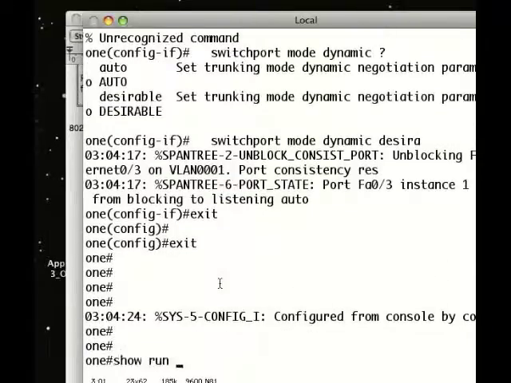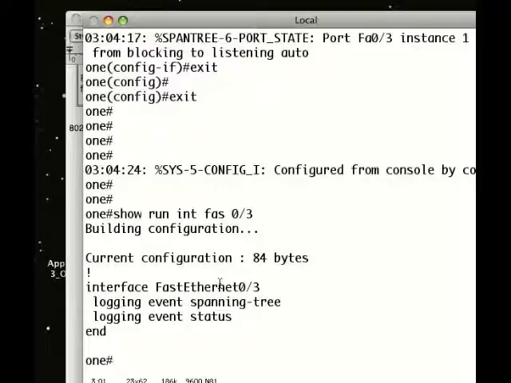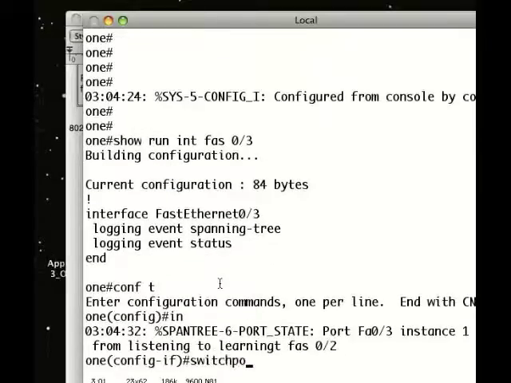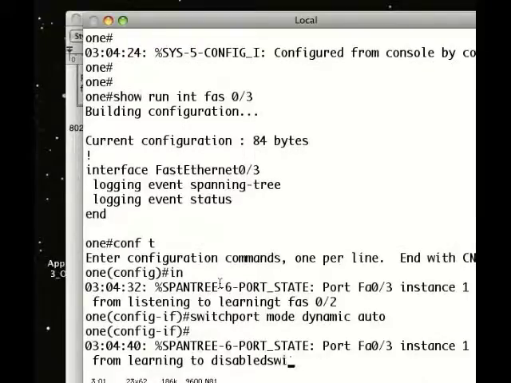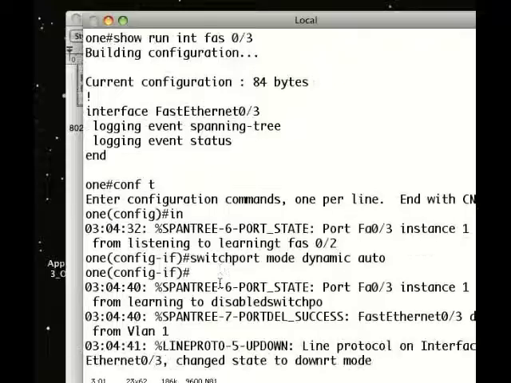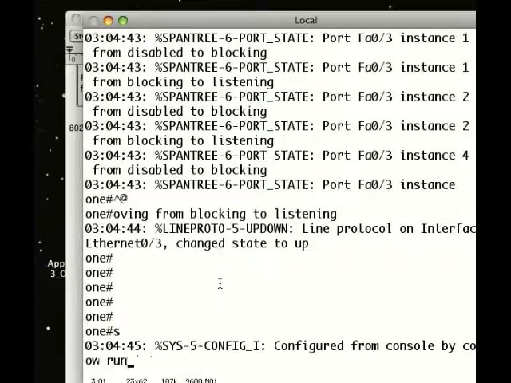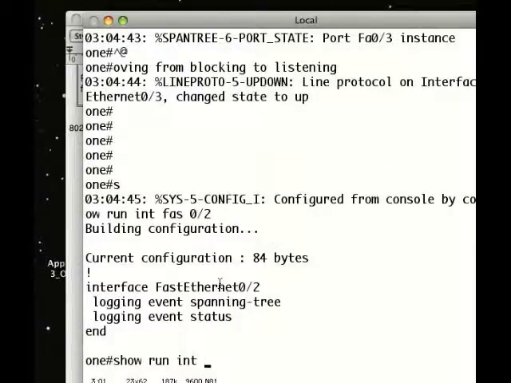Show run int fast 0/3. And let's build our whole net right. Conf t, int fast 0/2. Switchport mode dynamic auto. Switchport mode. Okay. Show run int fast 0/2. Show run int fast 0/3.